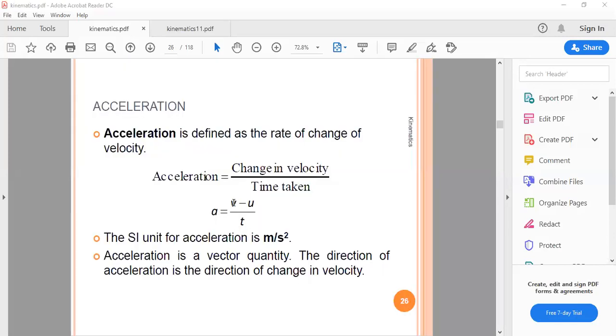V minus U over t. V stands for final velocity, so you can write V as Vf, meaning final velocity, and U as Ui. It can be written as Ui or U. It means the same thing.